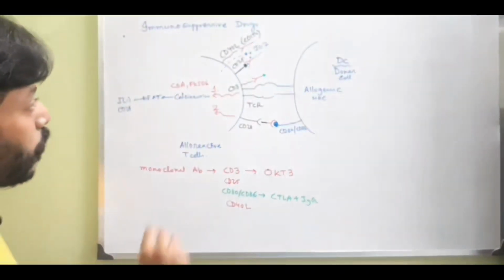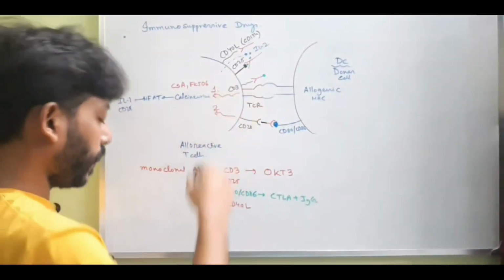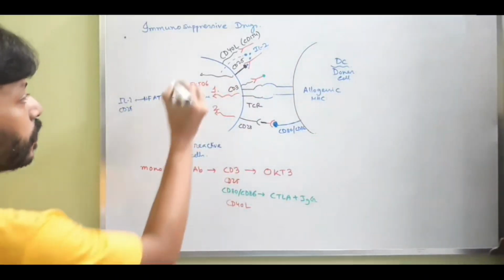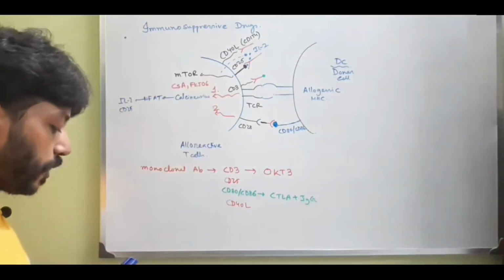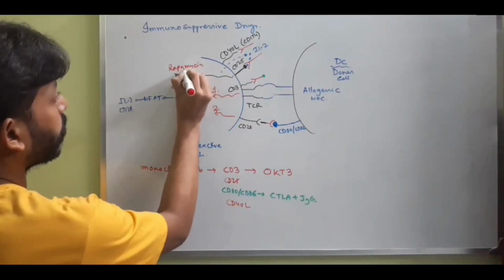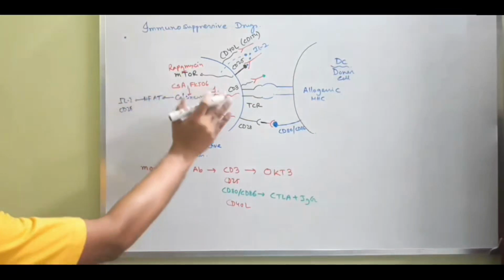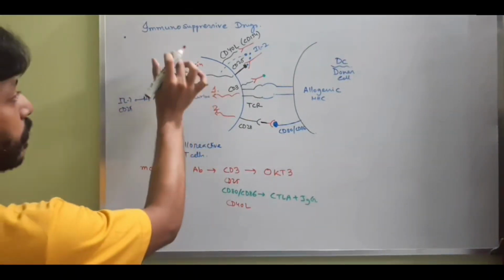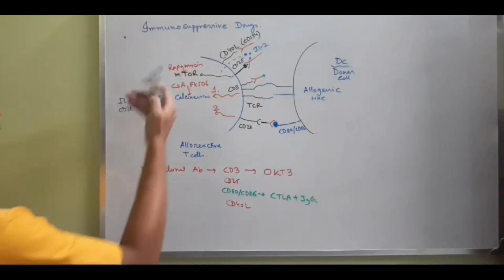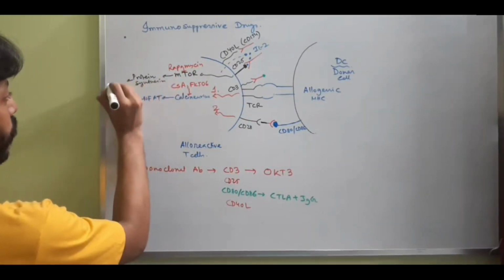And when IL-2 binds with its receptor, CD25, another signaling starts, called mTOR signaling. So mTOR is activated, and for that reason scientists used rapamycin to prevent mTOR. So this whole chain reaction is stopped, and rapamycin stops the mTOR pathway. mTOR helps in protein synthesis, so survival and proliferation are prevented.